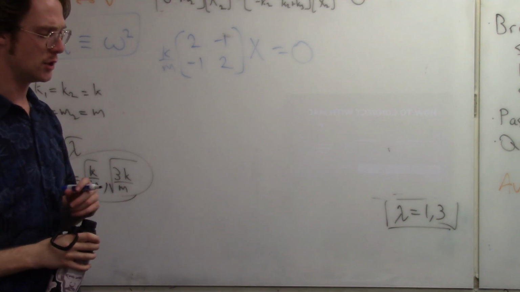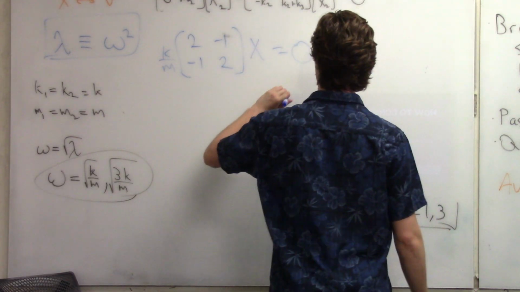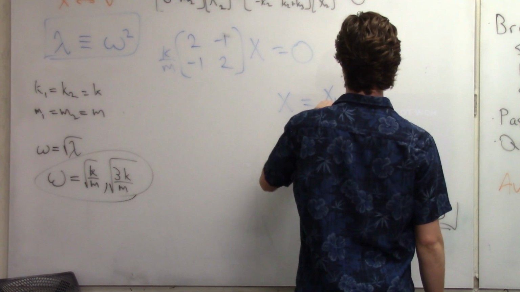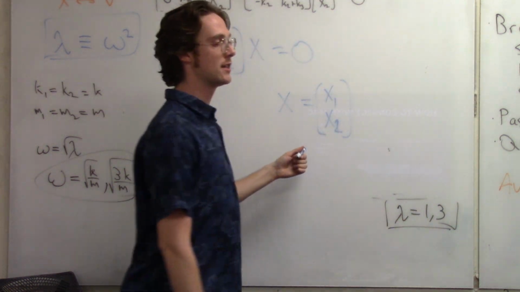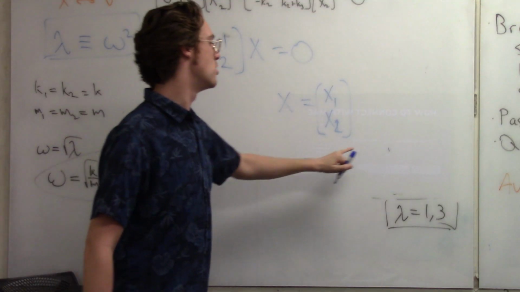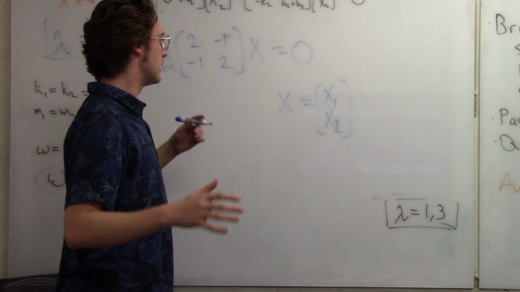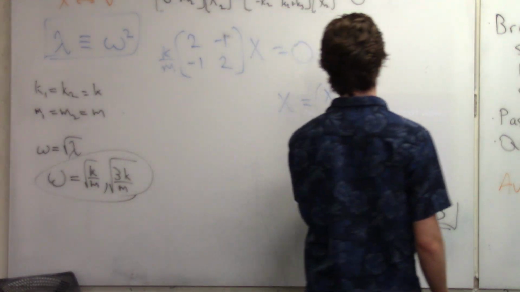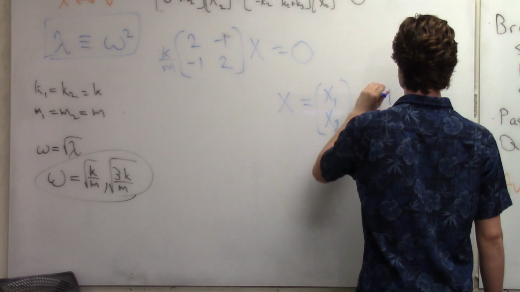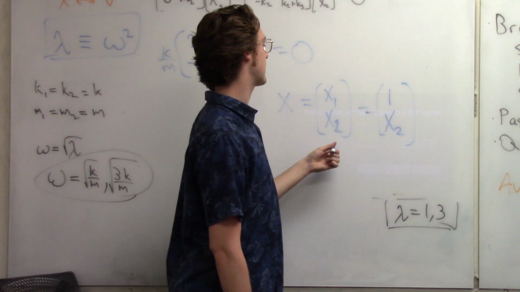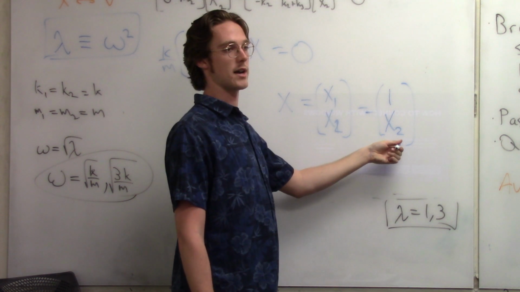So instead of saying that x is going to be equal to x1 and x2 in a vector like this, we can make a normalized eigenvector. We're going to declare that x1 is equal to 1, and now x2 is going to be equal to x2 divided by x1, and this is just our new x2.